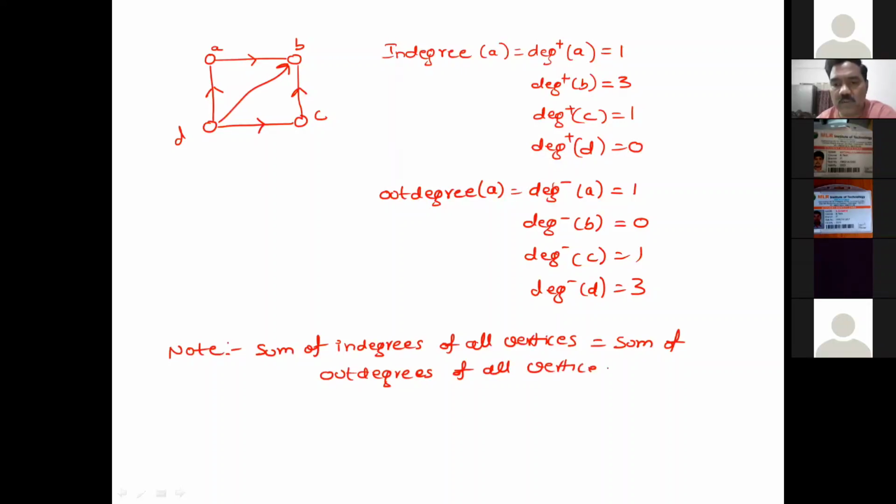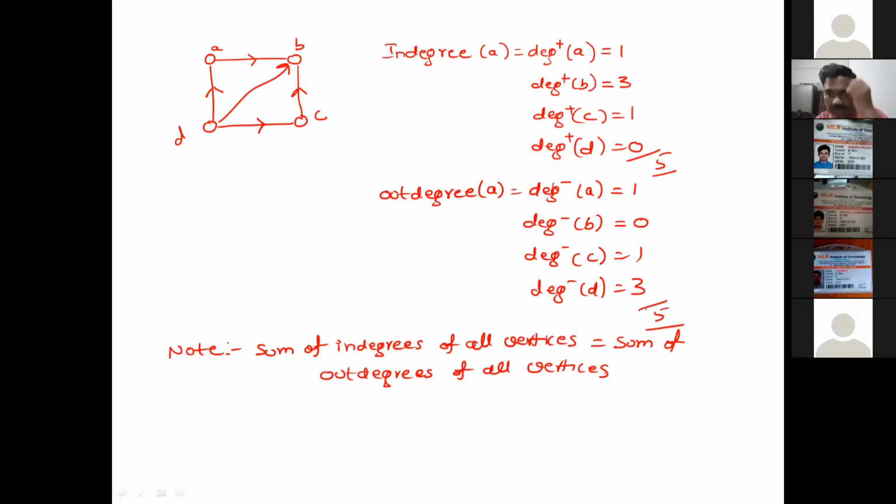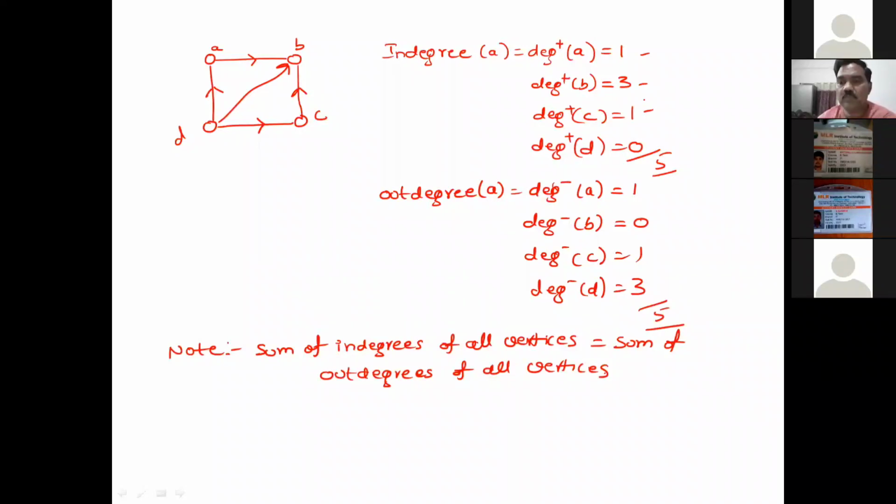So in this case, what is the sum here? Sum of the in degrees is 5 we got. So here also we must get a total of 5. 1 plus 3 plus 1. Okay. Is it fine? Yes, sir. Fine?